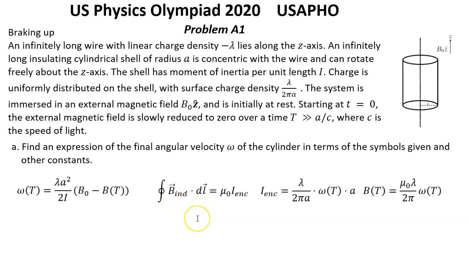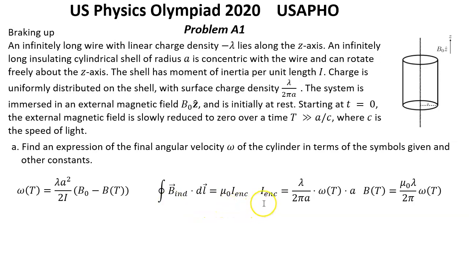If we take a loop with a straight line outside the cylinder and a straight line inside the cylinder near the surface, the outside magnetic field is 0, and inside, due to symmetry, the magnetic field is constant.